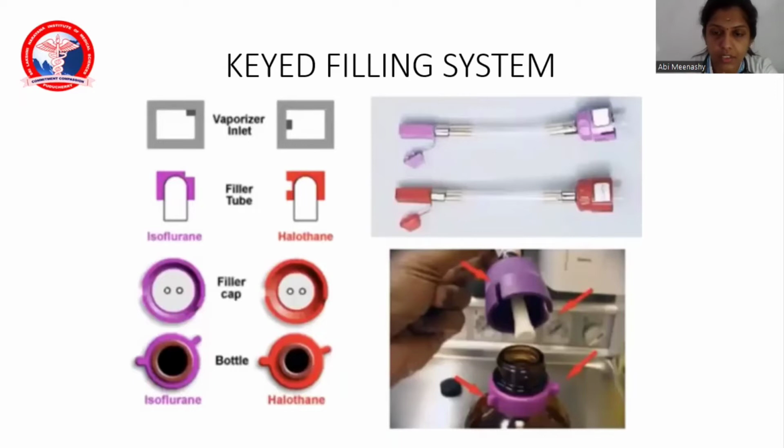That is again a safety system. But the downside in this system is if you lose your filler, you will not be able to fill the vaporizer. You can keep your bottle full of agent, but if you lose your filler cap, what will happen? You cannot fill it in the vaporizer. So that has to be kept separately and safely.